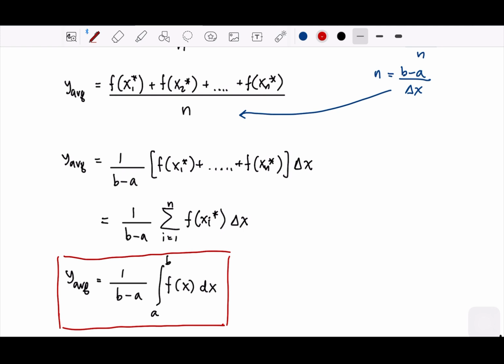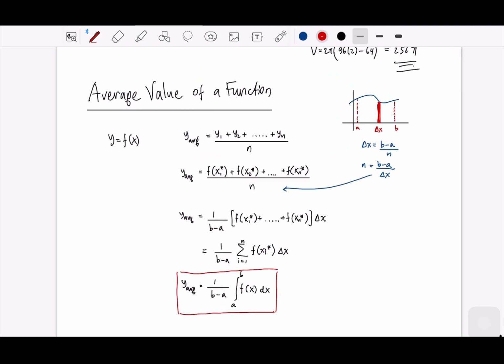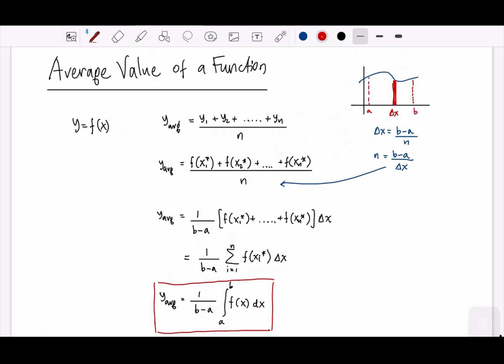Okay, and then the follow-up from this average value is that it's related to the mean value theorem for integrals.